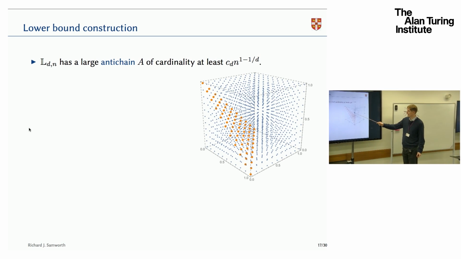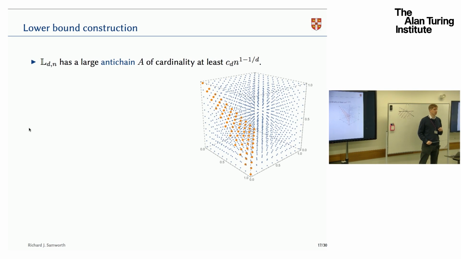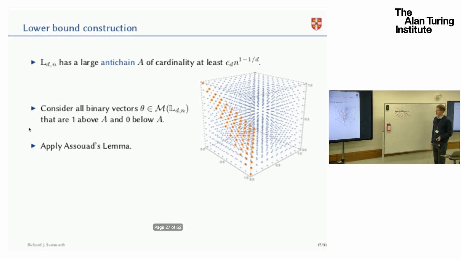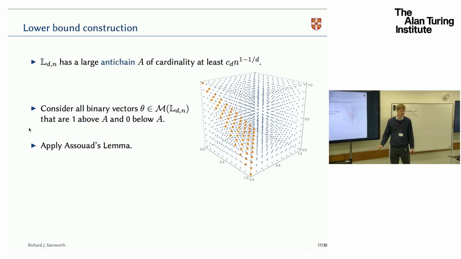Similarly, for any pair of points here, it's not too difficult to see that they're not ordered within this monotone cone. So what that means is that you can construct a lot of different binary vectors within this monotone cone.